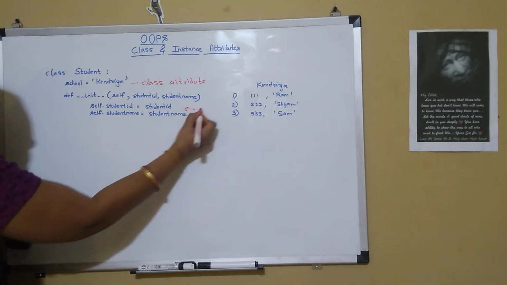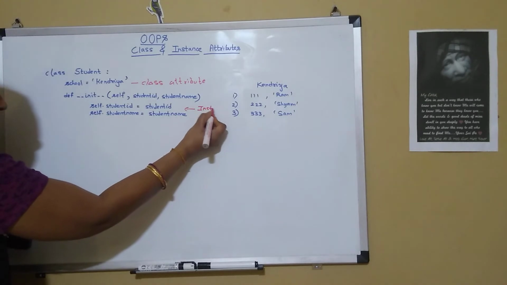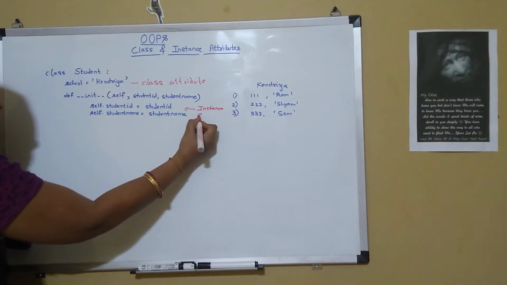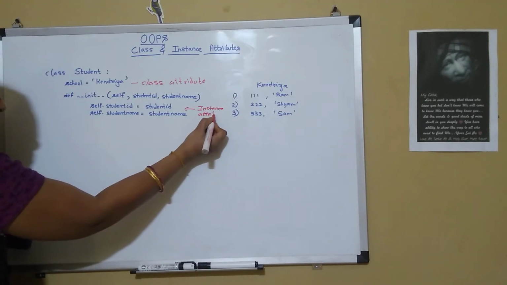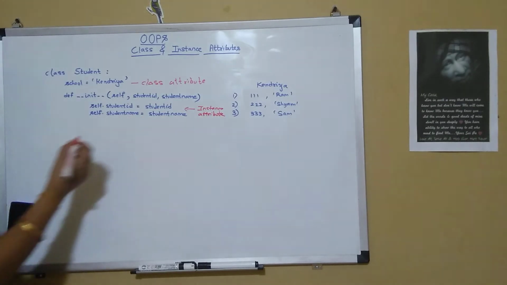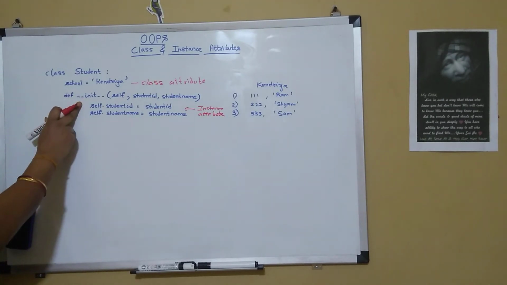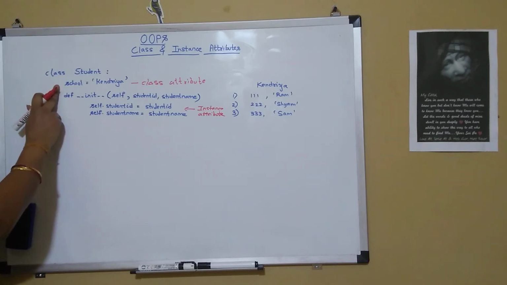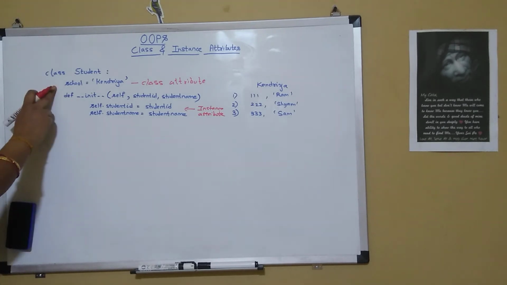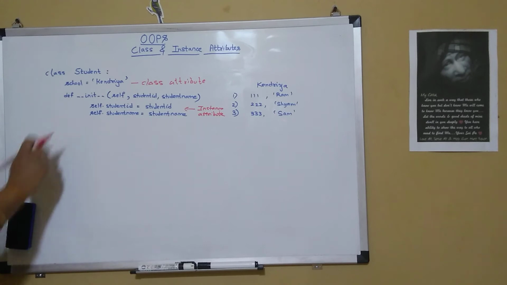And these are instance attributes, that is student ID and student name. Instance attributes are defined within the init method or the constructor method, while school is a class attribute and it is defined outside the init method because it is common for all the objects.